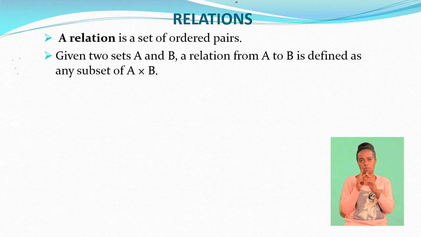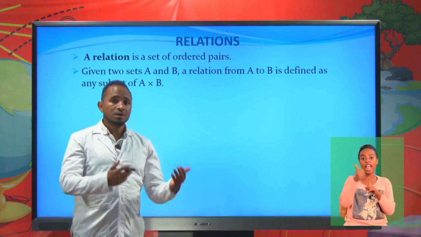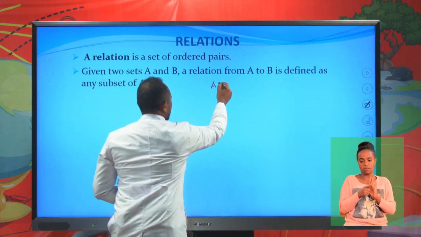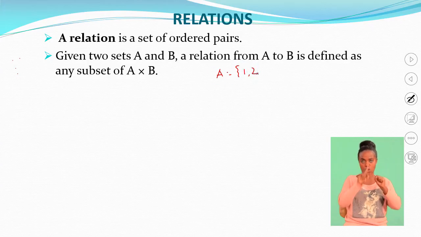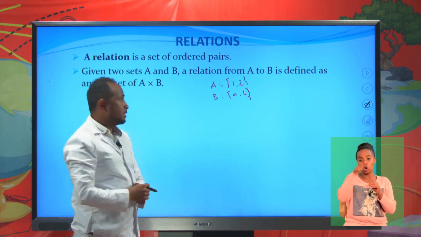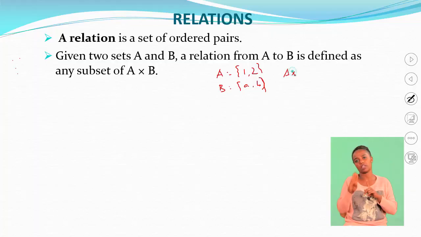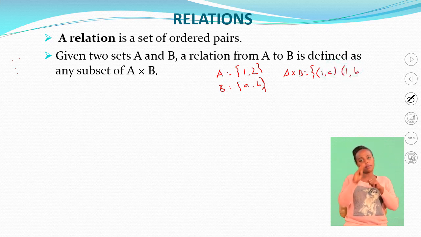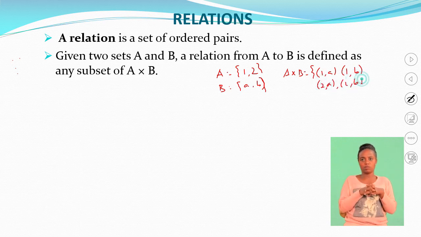Given two sets A and B, a relation from A to B is defined as any subset of A cross B. For example, if A is the set {1, 2} and B is {a, b}, any subset of A cross B can be a relation from A to B. A cross B is (1, a), (1, b), (2, a), (2, b).